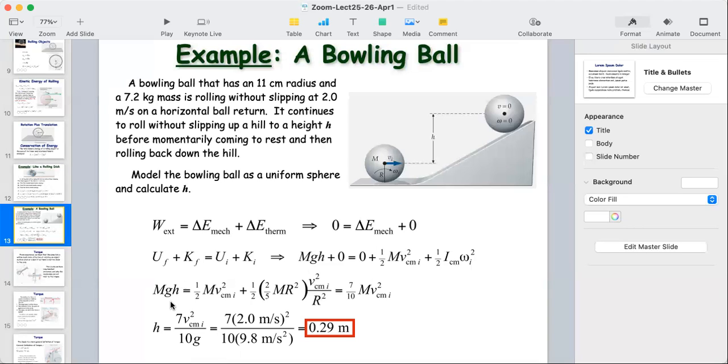Because here I essentially divide by m, so m goes away. So you simply remove the mass, and at the end of the day it is independent from the mass of the object. And h is 7 v center of mass squared divided by 10 g. You know all these numbers, so you just find 0.29 meter.